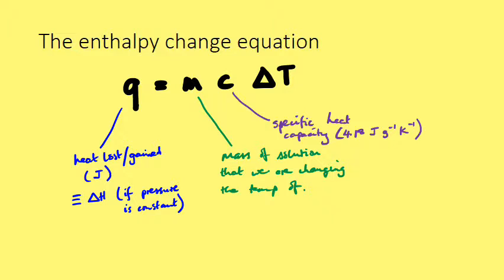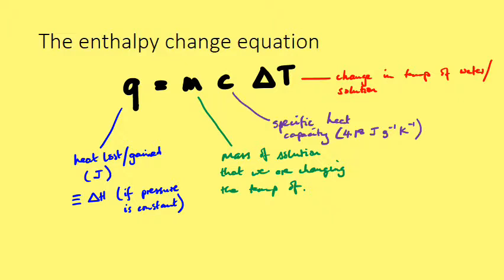So that's the specific heat capacity, and the last term is the change in temperature. And so delta T is just the change in temperature, and it's the change in temperature of the water. I should put solution really, because it's not always water. I think you will use water, but it's the change in temperature of the solution.